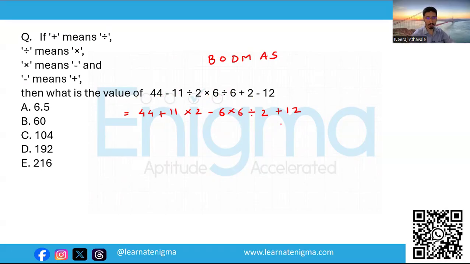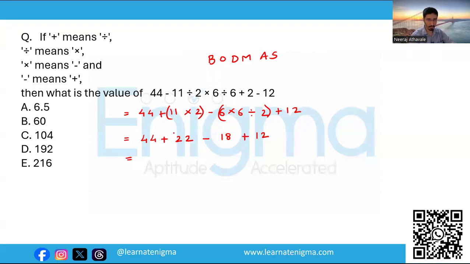We need to do the multiplication and division part first. So 11 twos are, and 6 are divided by 2, this needs to be done first. So 44 plus 11 twos are 22, minus 6 sixes are 36 divided by 2, that gives us 18, plus 12.